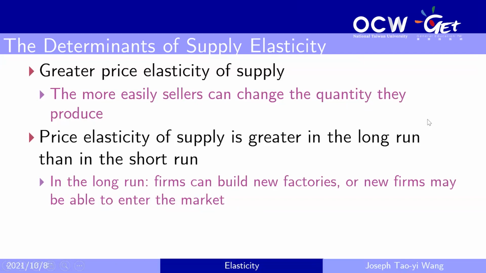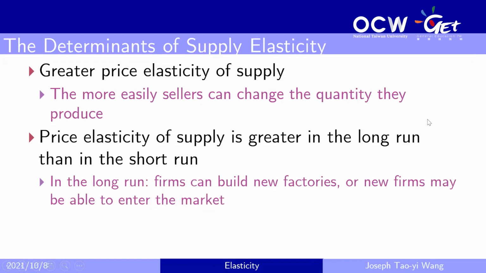In the short run, you cannot adjust in that many ways. Most adjustments that you can do in the short run, you can also do in the long run, but there are some adjustments that you can only do in the long run.